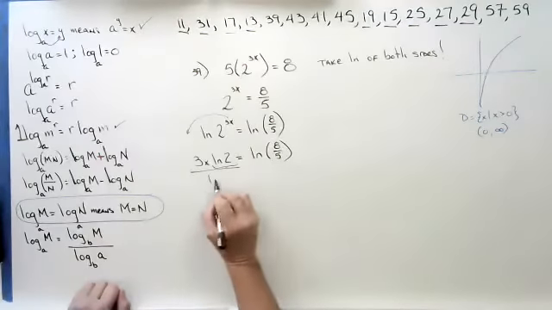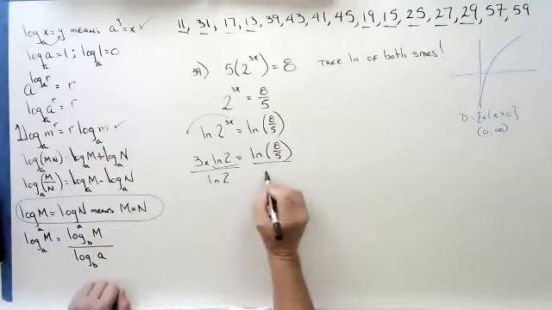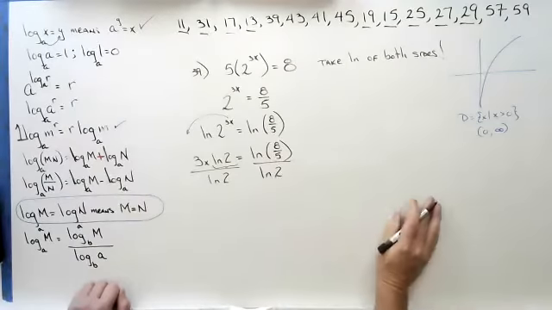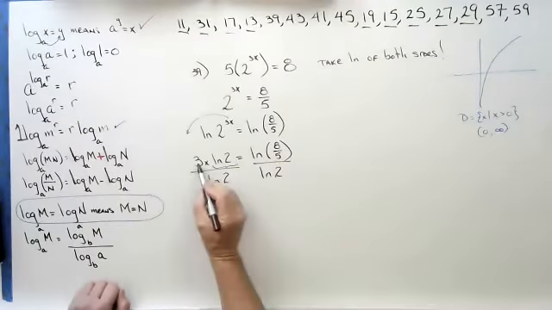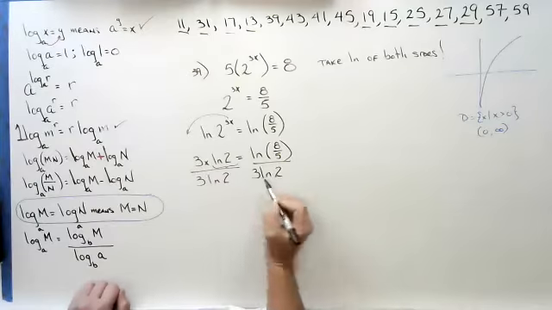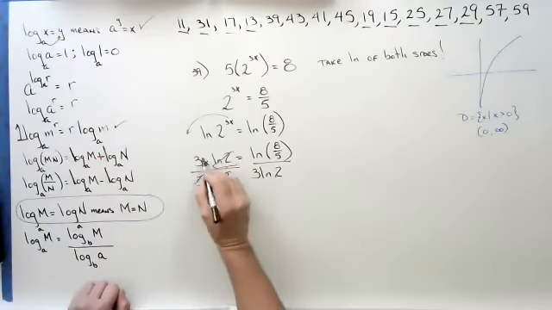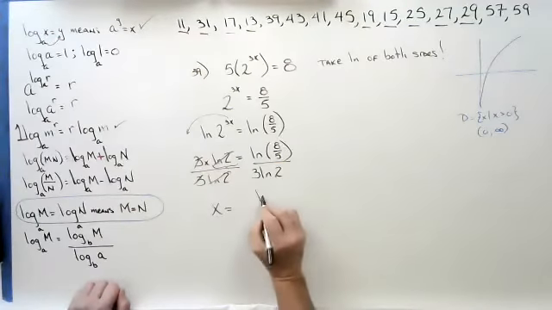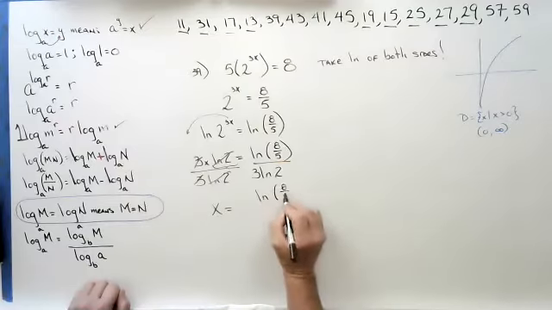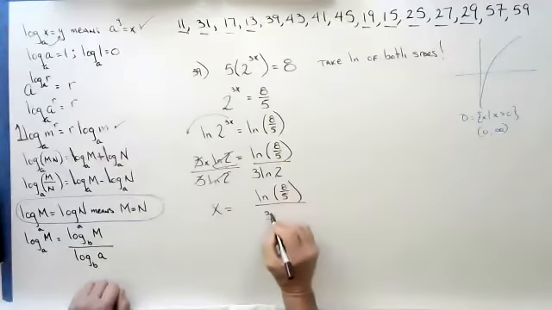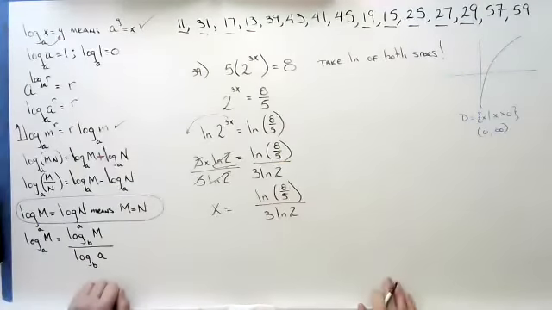In Algebra 1, my teacher said, if I want to make a number go away, I should divide by it. Hey, funny thing, there's a 3. We should divide by that too. Okay. There's your answer. That's your answer.